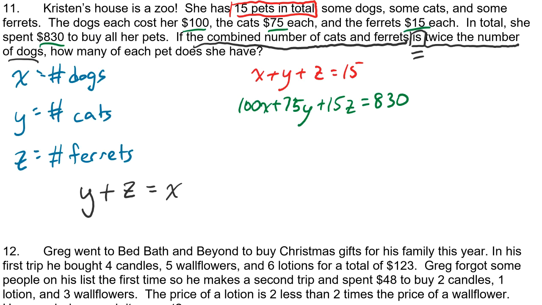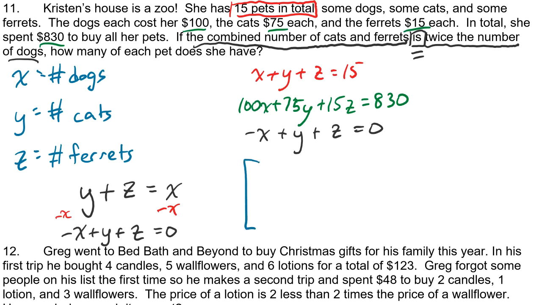Now, remember though, we need it all on the same side. So I'm just going to go ahead and subtract x from both sides. We're going to have negative x plus y plus z equals 0. There is our third equation.